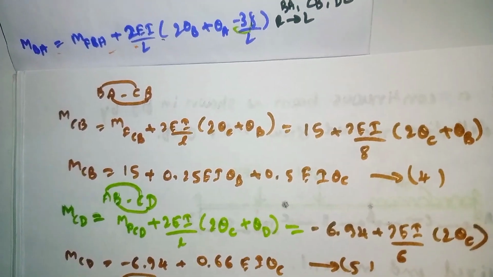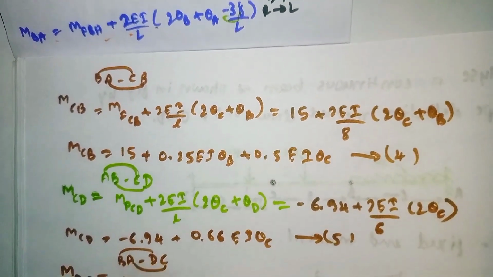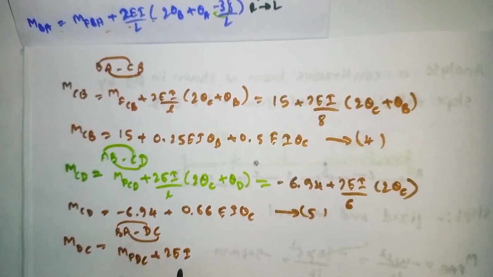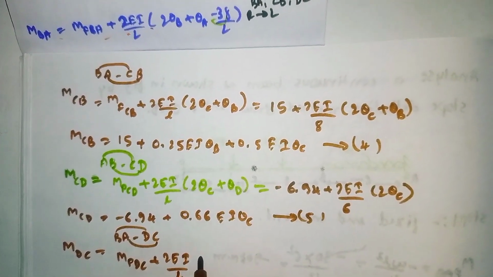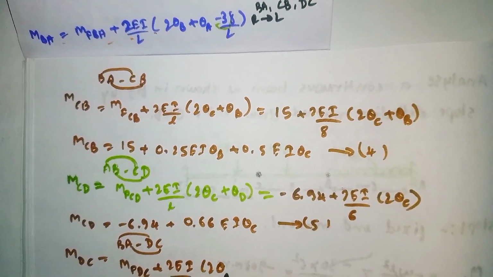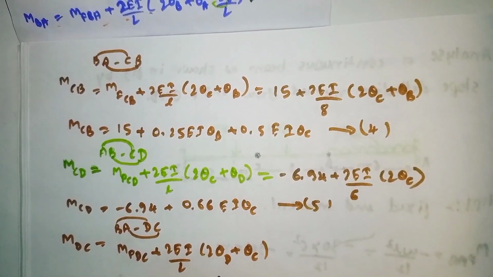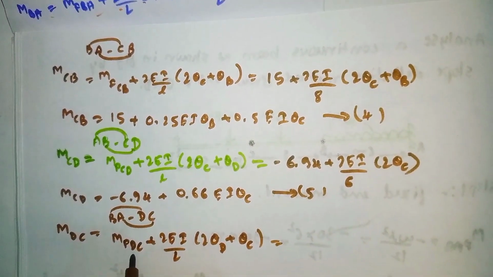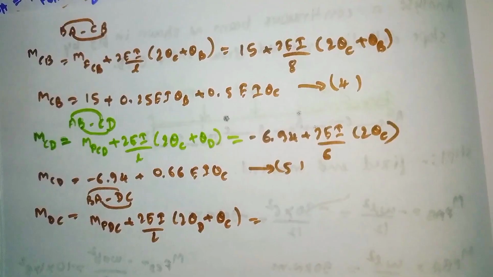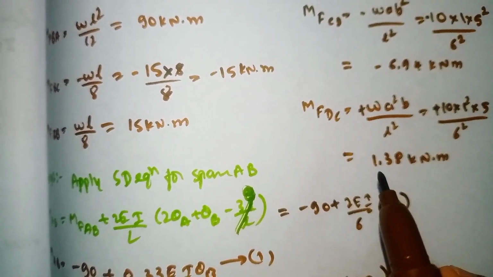So MFDC plus 2EI divided by L into 2 theta D plus theta C. So this is our formula. Now, our MFDC value we got was 1.38.